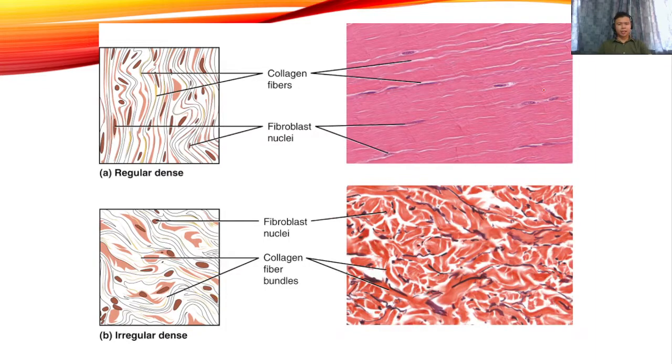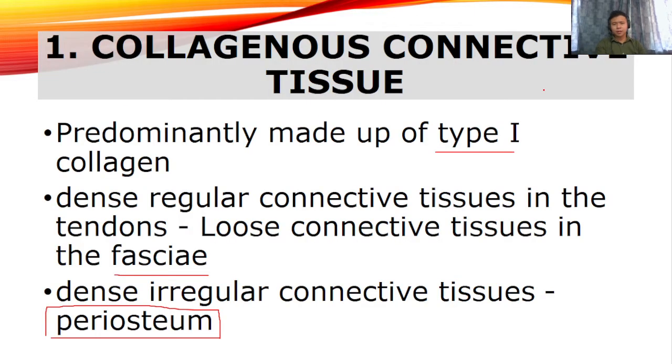Having this appearance separates regular dense connective tissue and the irregular dense connective tissues. So these are the types of collagenous connective tissue. Remember we have type 1 collagen.